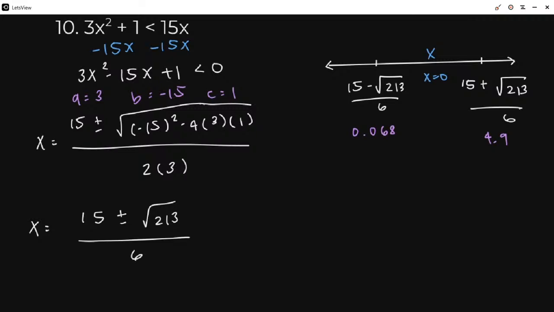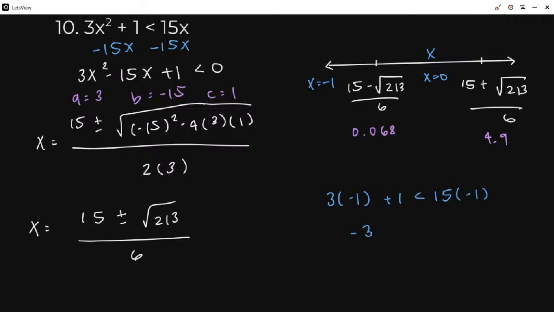Okay, then I would plug in x equals negative 1. So it'll be 3 times negative 1 plus 1 is less than 15 times negative 1.